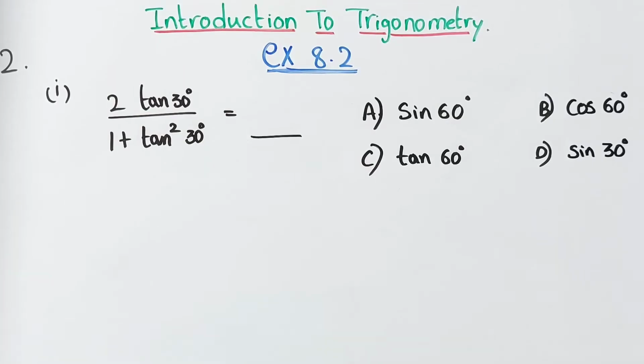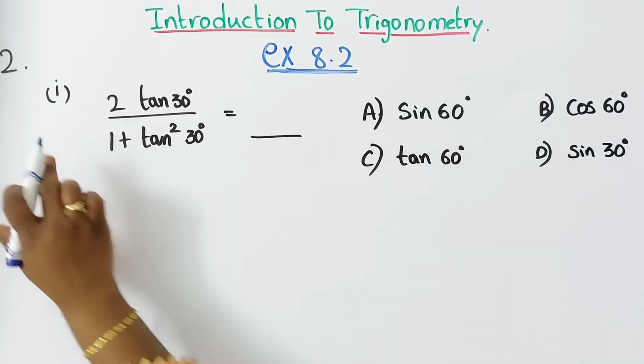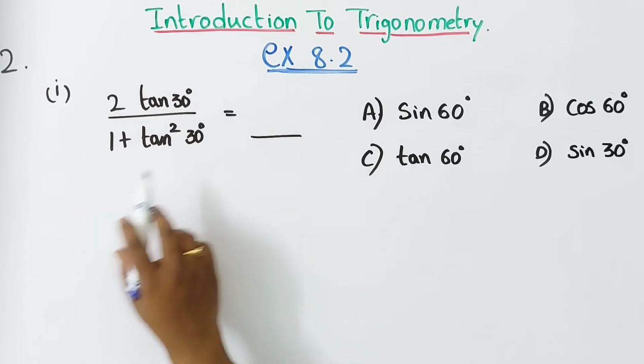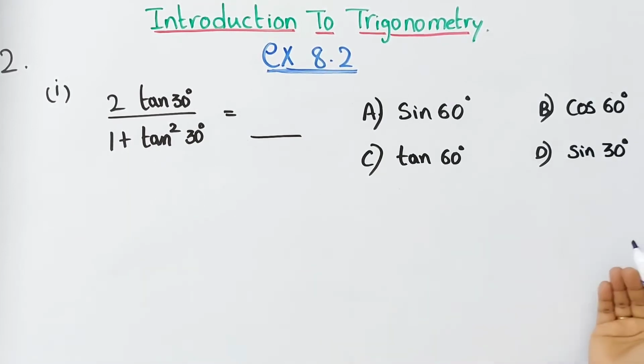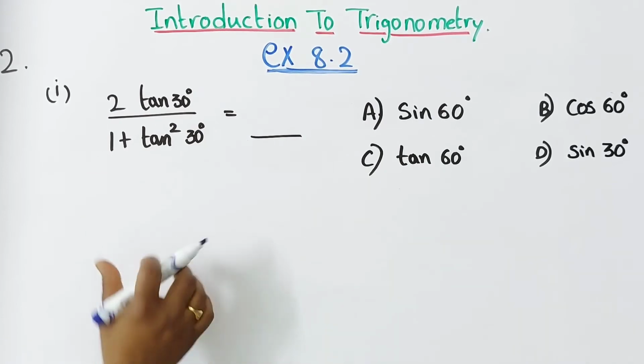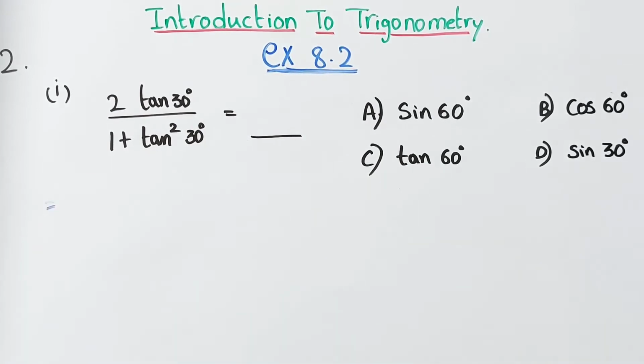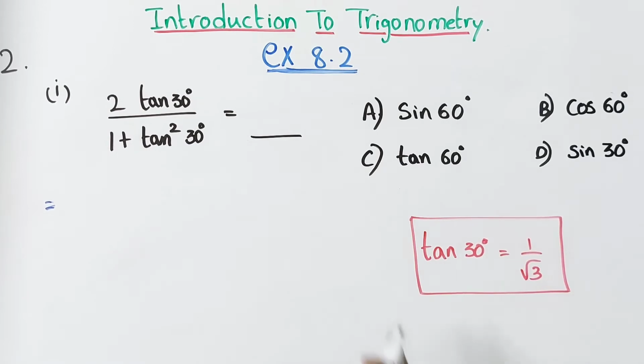Question 2, children. Choose the correct option and justify your answer. First one, 2 tan 30 degrees divided by 1 plus tan square 30 degrees. Here they have given options also. First we will evaluate this one. We know tan 30 degrees equals 1 by root 3, children.